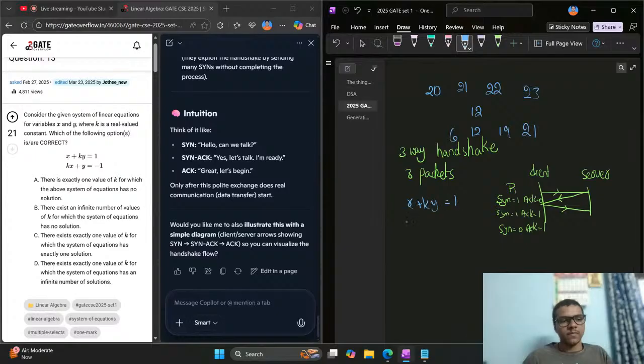x plus ky is equal to 1, kx plus y is equal to minus 1. Linear equations, k is a real valued constant. So if you draw that one, the matrix rows 1 k 1 and k 1 minus 1, this is A and this is AB, n is equal to 2.